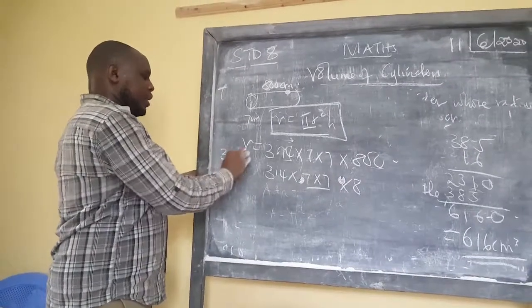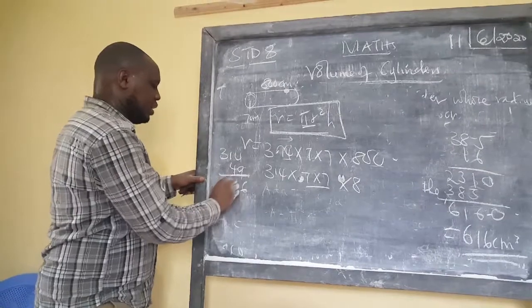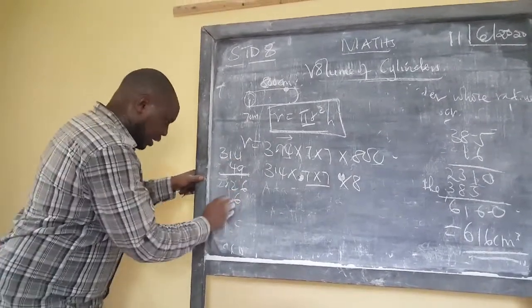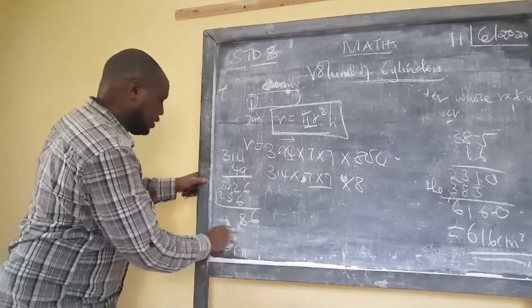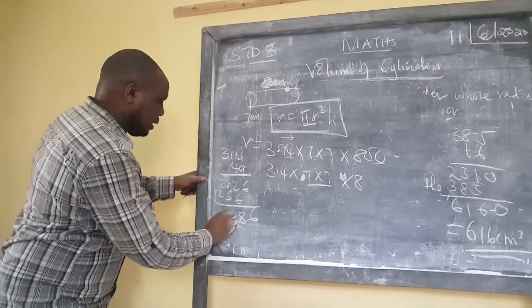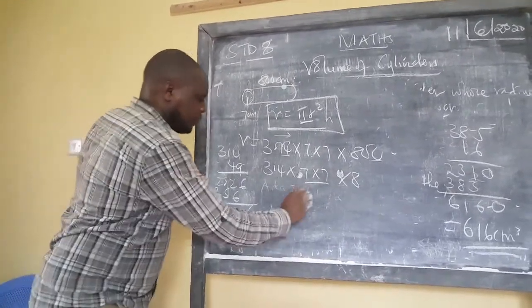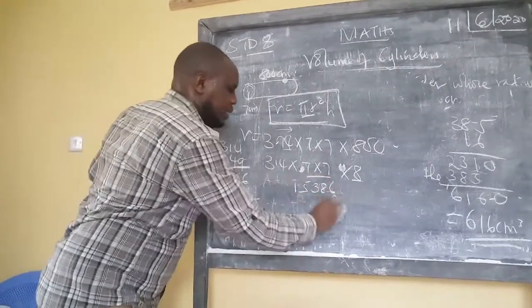314 times 49. They will give you 6 carry 3, 12 carry 1, 28, 16 carry 1, 5, 12, 6, 8, this is going to be 3, 5, 1. So 15, 3, 8, 6 times now our 8.